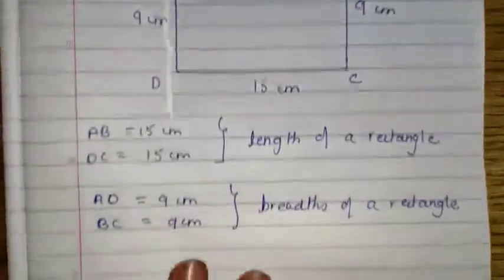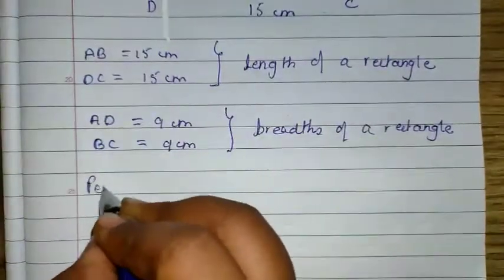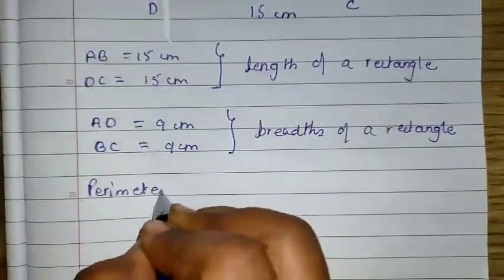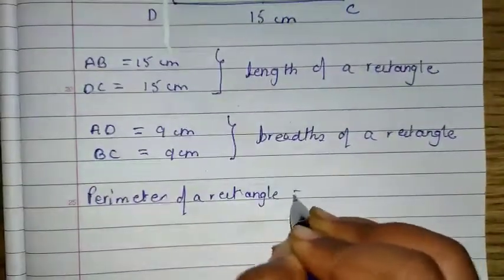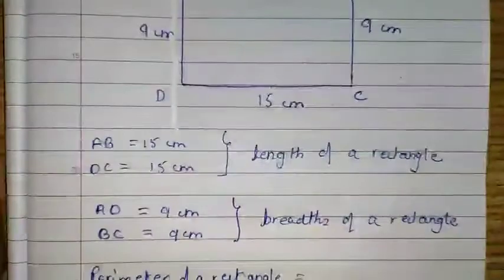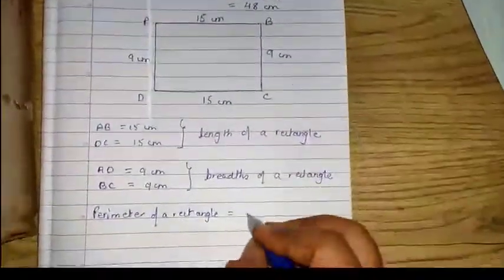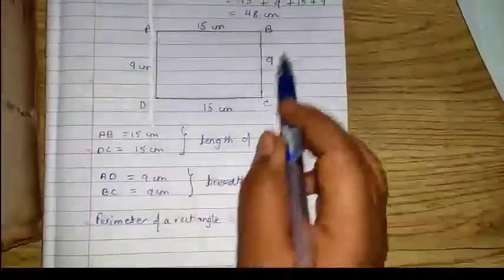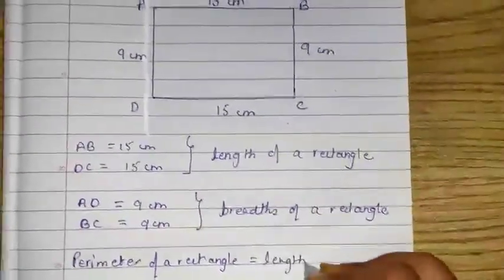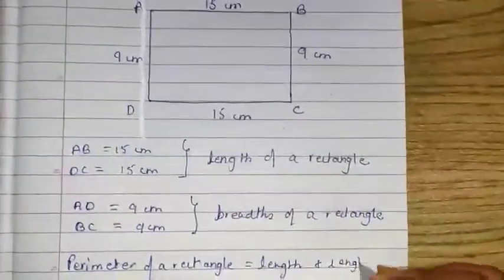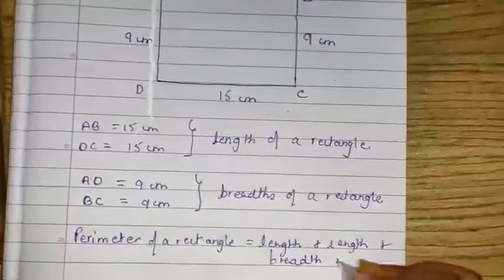So now let us substitute this in the perimeter of a rectangle. It is equal to, since we have two lengths and two breadths, we write over here length plus length plus breadth plus breadth.